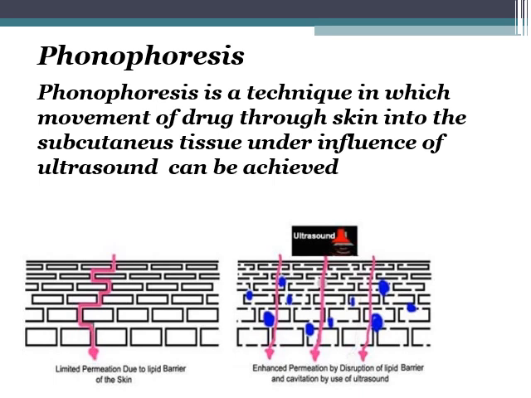So phonophoresis is also known as sonophoresis, or you can say ultrasonophoresis. Phonophoresis is a technique in which movement of the drug through the skin into the subcutaneous tissue under the influence of the ultrasound can be achieved, right? Can be produced. So similar to iontophoresis. Clear?